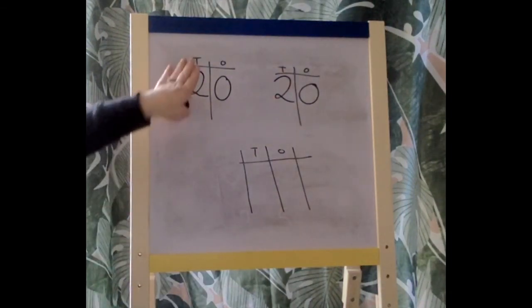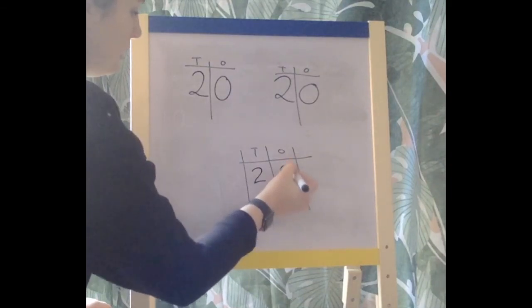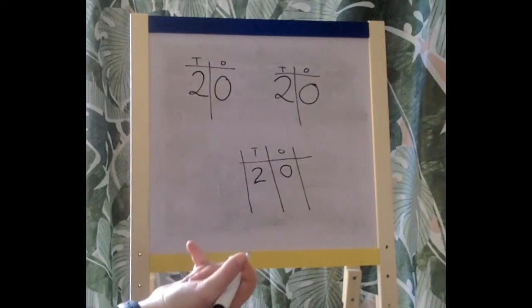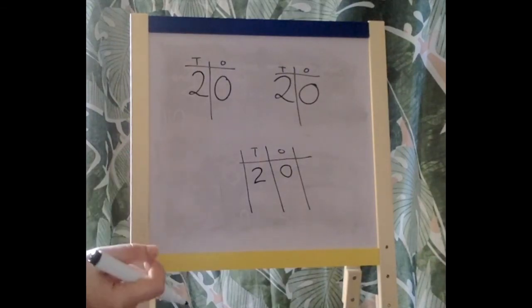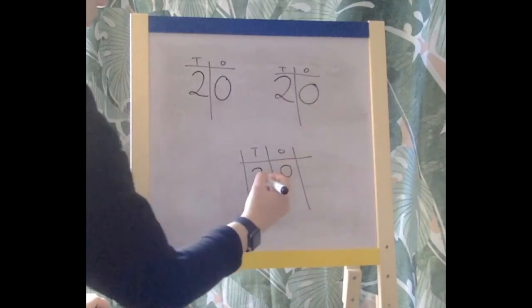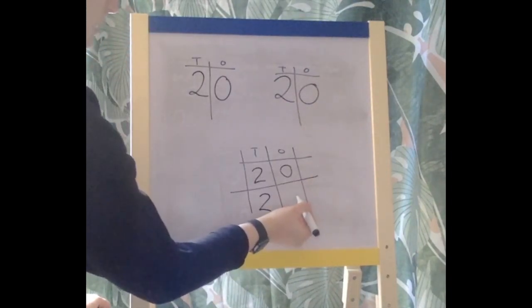Okay, so we've got 2 in the tens and 0 in the ones. Now, even though there is a 0 there, we definitely do need to write it, okay? Because if we don't write it or include it, we forget that it's there. And then sometimes we forget what the number might be. So it's important that we include that. Over here, we've also got 2 in the tens and 0 in the ones again.